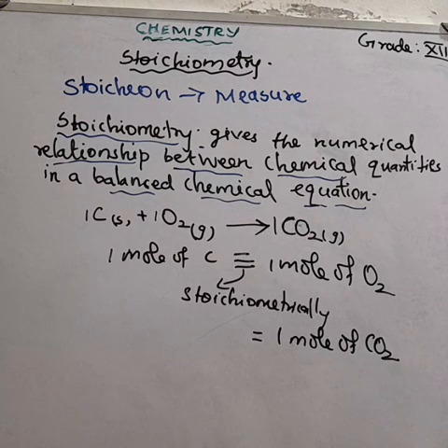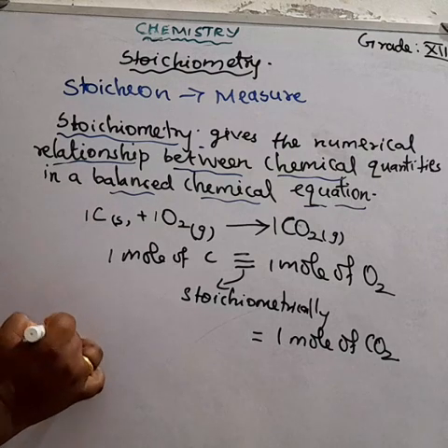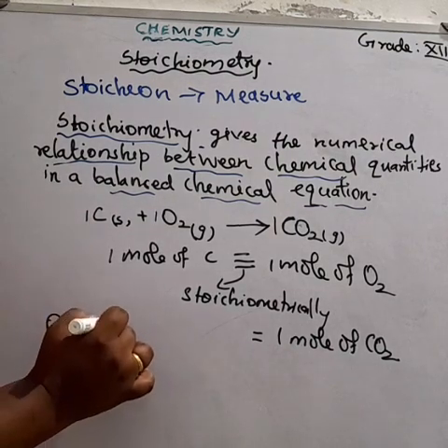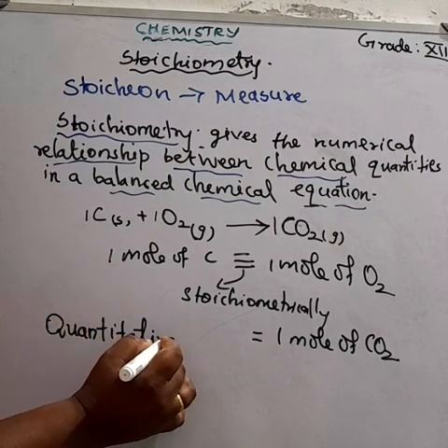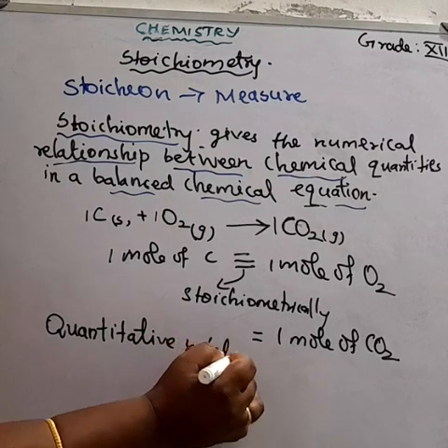First of all, stoichiometry is the quantitative relationship between reactants and products in a balanced chemical equation, in moles.